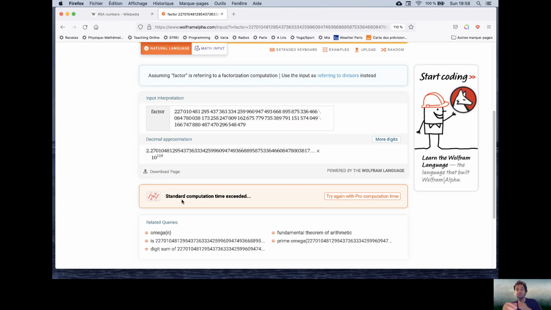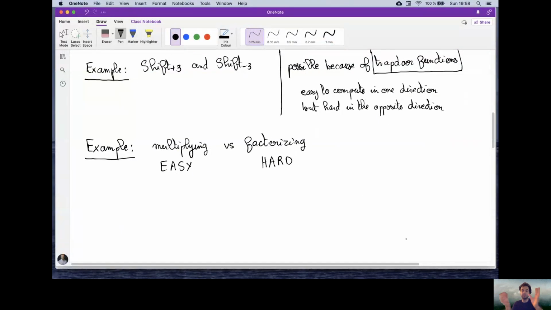So the computer does not have the computational power to do this. This is a very explicit example where it's very easy to do this operation in one direction, and yet in the other it's not. So I could publicly say the result of the multiplication of these prime numbers, and yet probably no one here would be able to find the factorization of the two prime numbers that I have chosen.